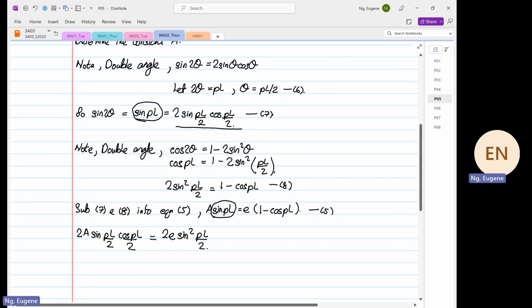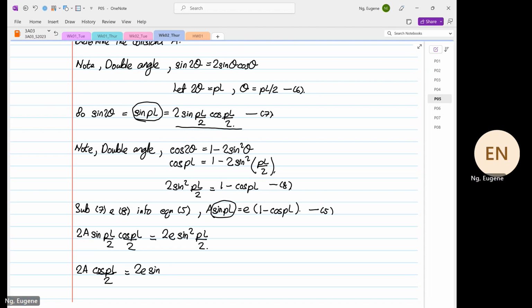So from here we can determine what is our A, right? So this will be equal to 2A cos pL over 2, right? And this will be equal to 2E sine pL over 2, right?